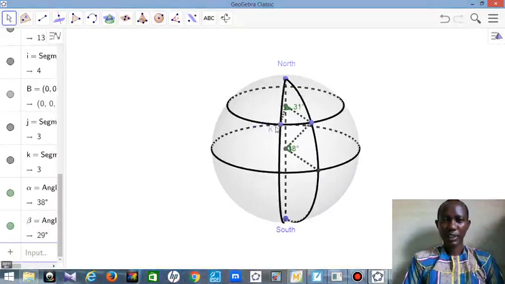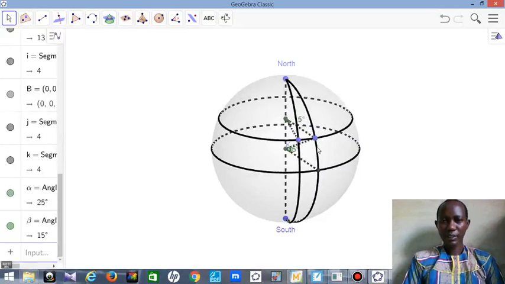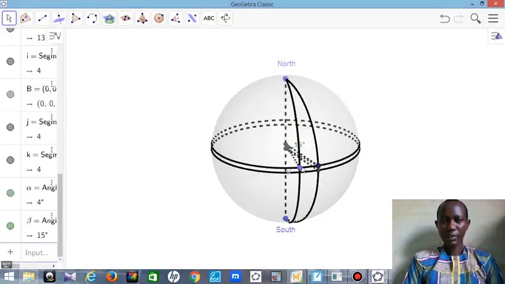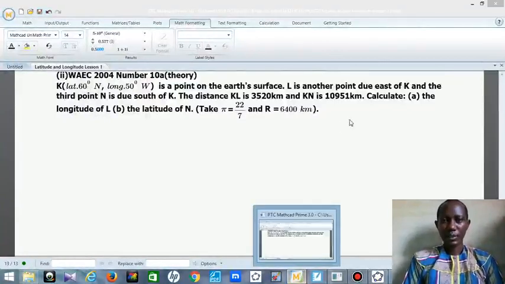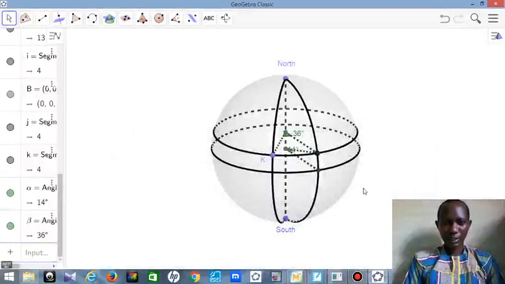This is point K, and this is the first point. So the question says, let's see it again. Point K is standing on 60° north. So 60° north, that means K is rising up.